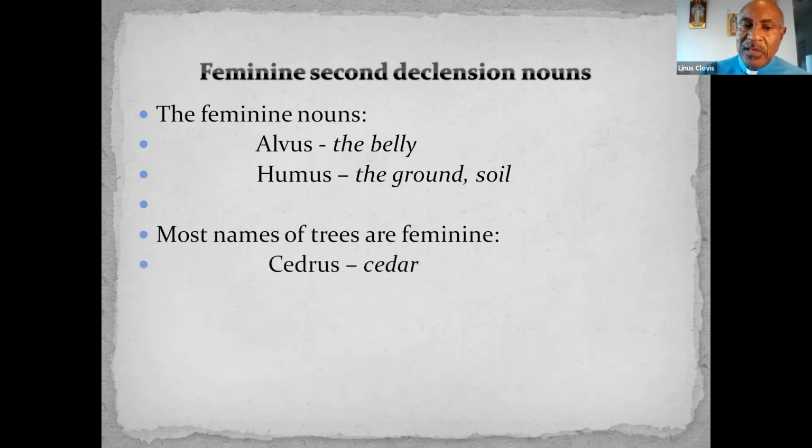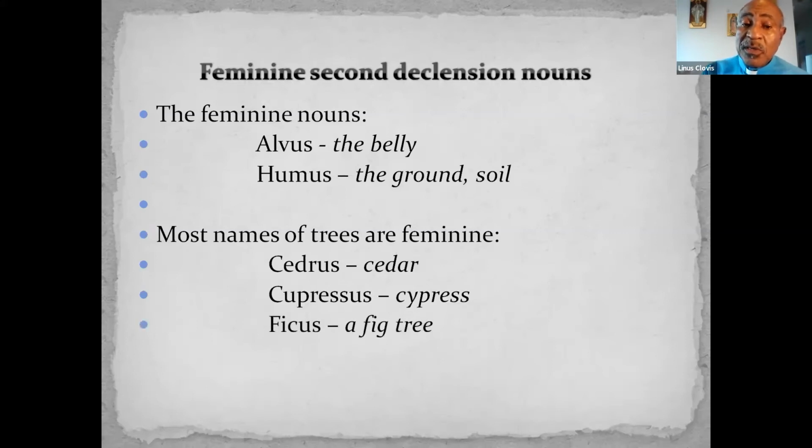So cedrus is a cedar. You see the similarity, cedrus, cedar. Cypressus, cypress. Ficus, fig tree. Malus, apple.